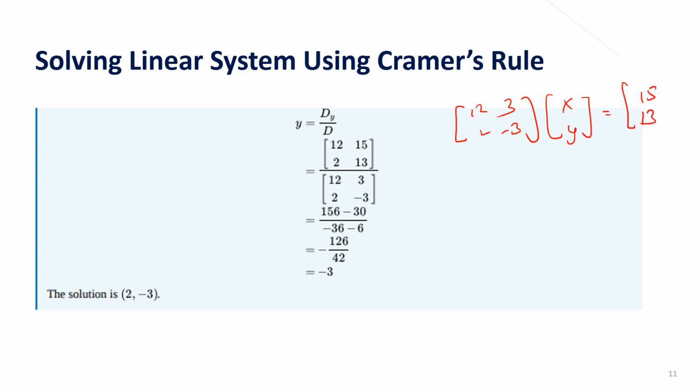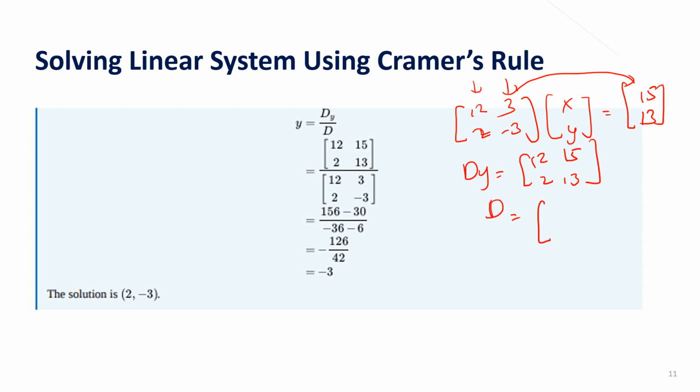Instead of replacing the first column here, we're replacing the second column for dy. So you will have 12, 2, and then 15, 13 for dy. Meanwhile, d will still be the same: 12, 3, 2, minus 3. Okay, and then you calculate the determinants of these two matrices.